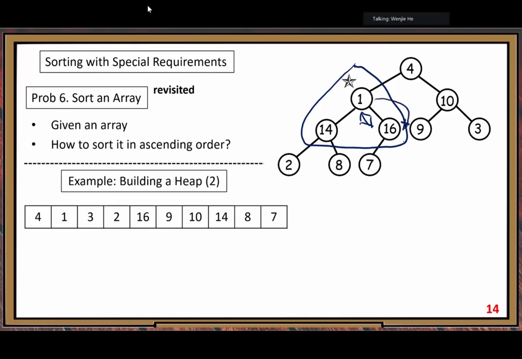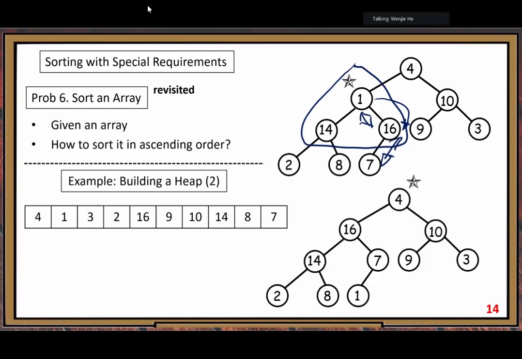It is still dirty. You need another swap until it reaches the leaf level. Then you stop. So after that, that node 1 is at a leaf level.